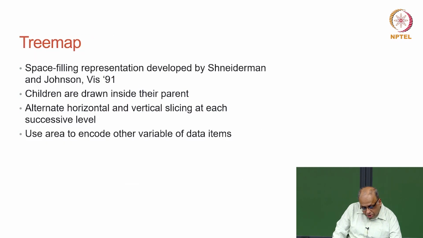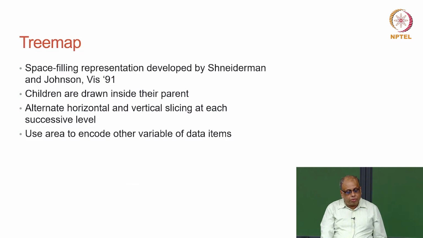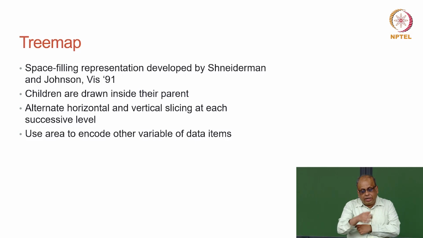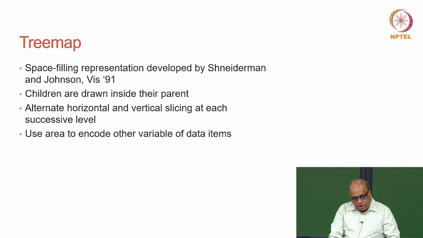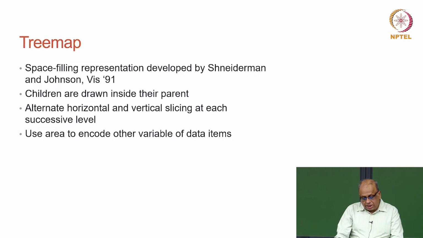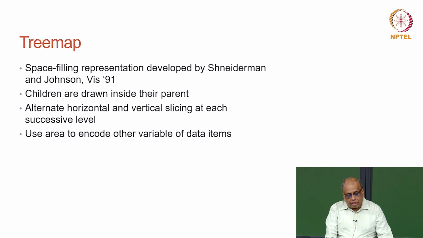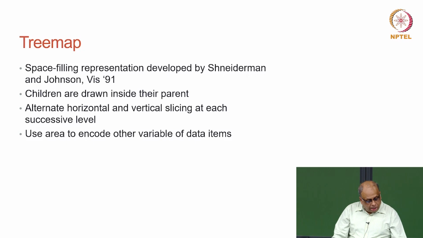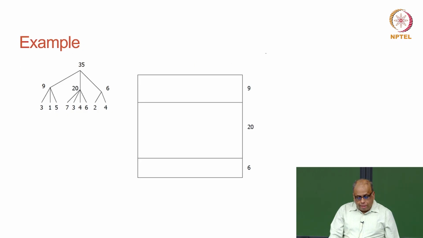This approach was called the tree map, and it was developed by Schneiderman and Johnson. The children are drawn inside their parents, with alternating horizontal and vertical slicing at each successive level. You can also use things like color to represent some other attribute of the tree nodes.